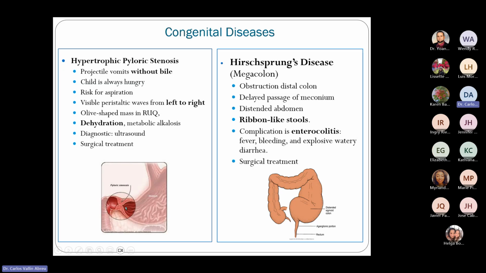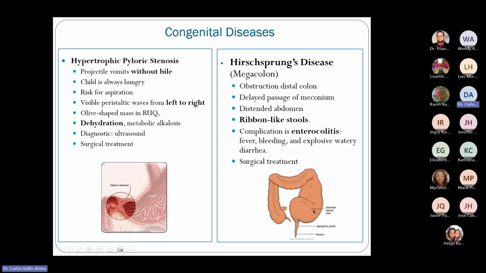Meanwhile, the child is vomiting, at risk of dehydration, aspiration, electrolyte imbalances and metabolic alkalosis. Of course, it needs to be corrected ASAP, because otherwise the child is going to have failure to thrive because it's not receiving food. The surgery is very simple. It's a minimally invasive surgery that corrects the problem in a very efficient way.